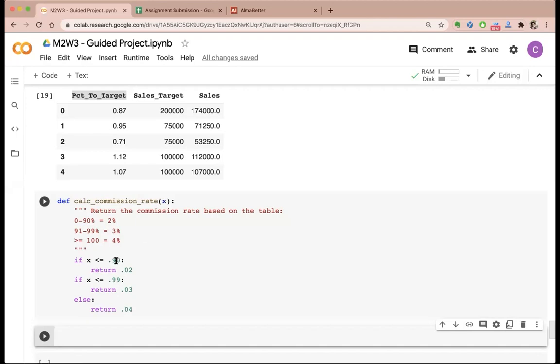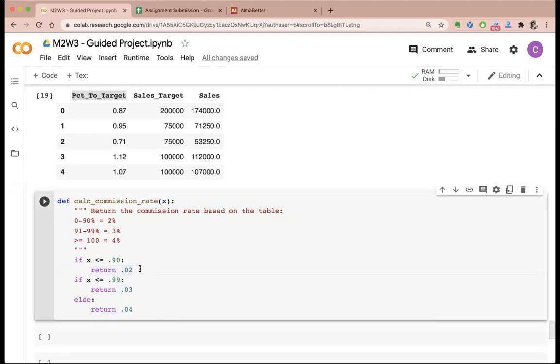If it encounters a value less than 0.90, it will directly come out and return from here. But if it goes till here, that means it has not satisfied this condition, so automatically it's greater than 0.9. So for greater than 0.9 and less than 0.99, it's returning 0.03. I hope this function is clear.